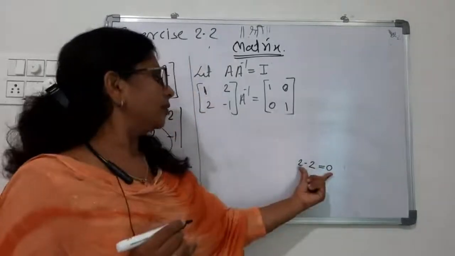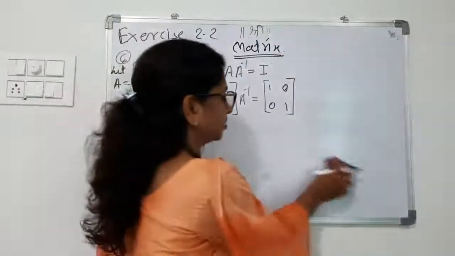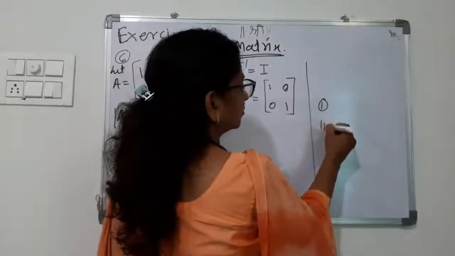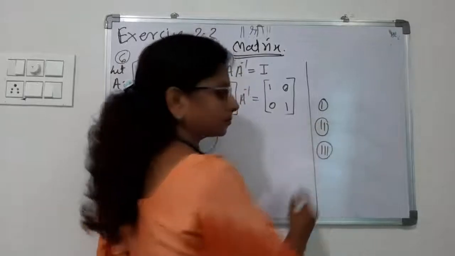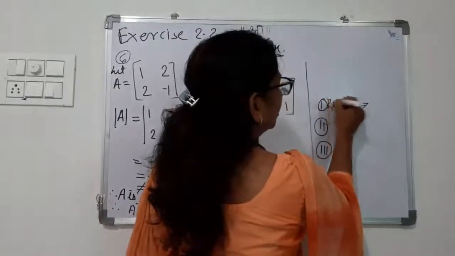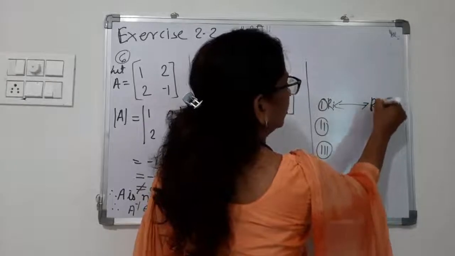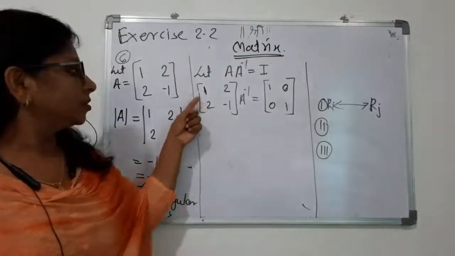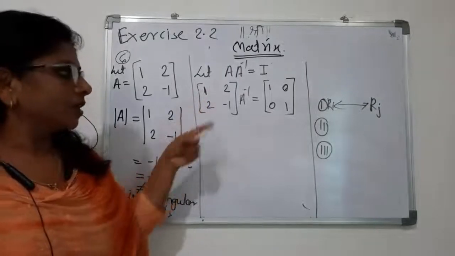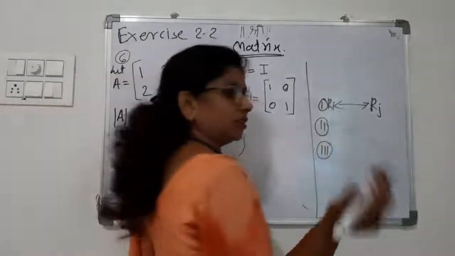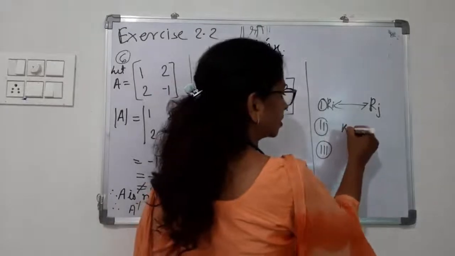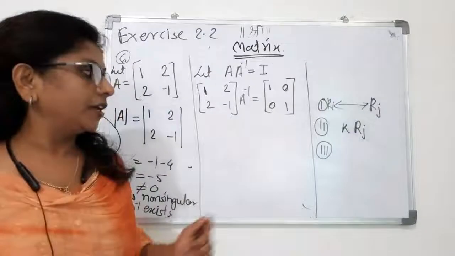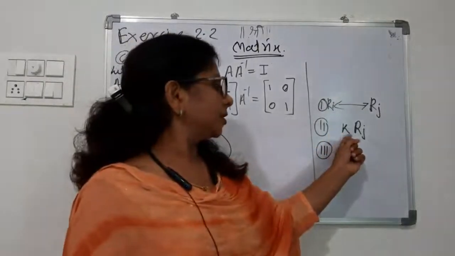But we cannot do a transformation like this, because we have only 3 transformations. Which are, do you remember? Interchanging rows. We can interchange one row with another row. There is nothing like that for 0. Then another transformation is non-zero scalar multiplication to any row.